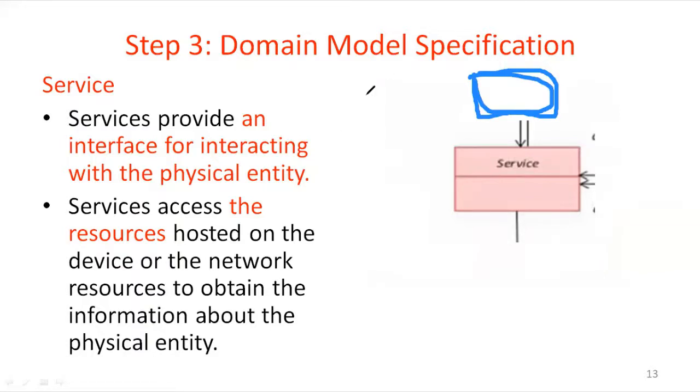It is an interface between a physical entity and that information, just like a medium. Not exactly a medium, it is some type of service, like a threshold service. Different services are available. The service accesses the resources hosted on the device and the network resources to obtain information about the physical entity. This is certain information about the different services in this entity.